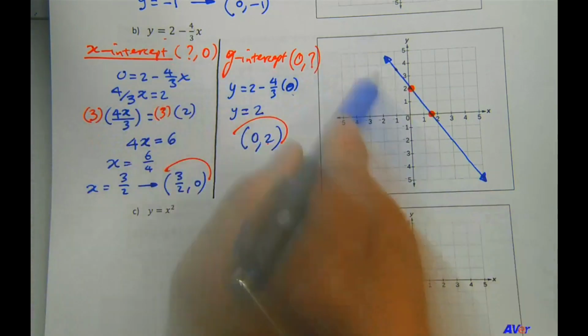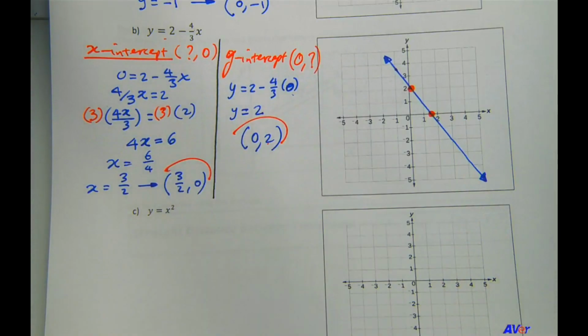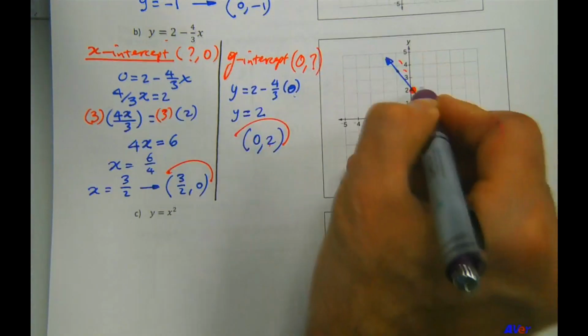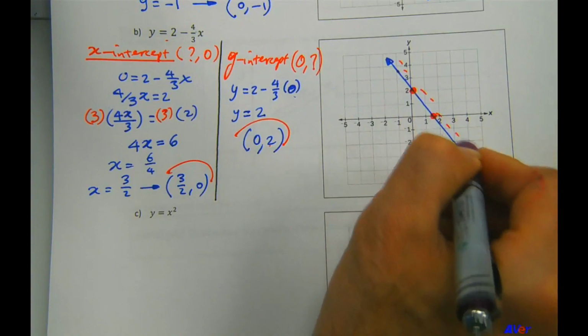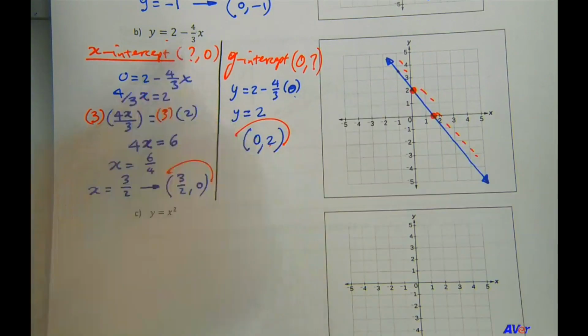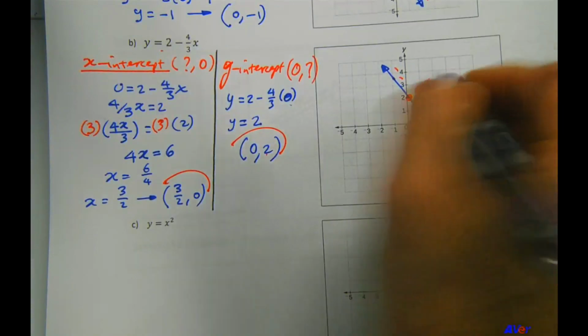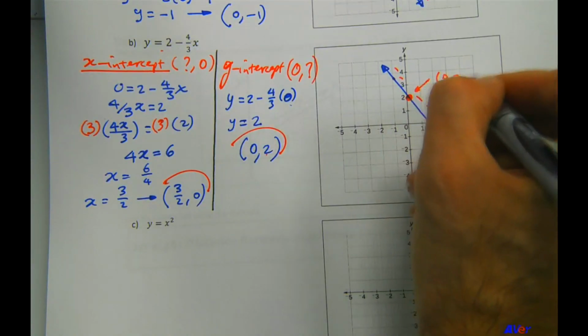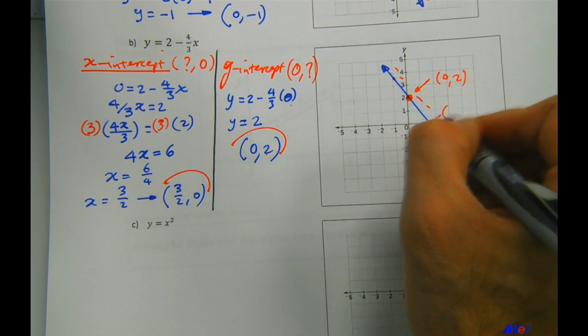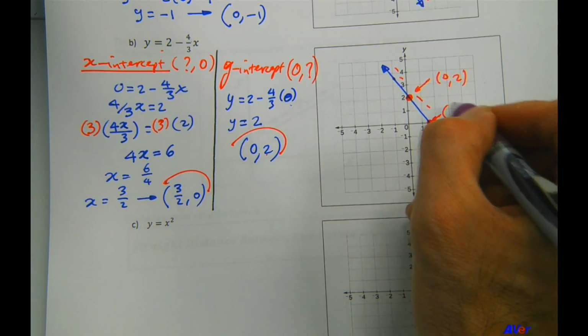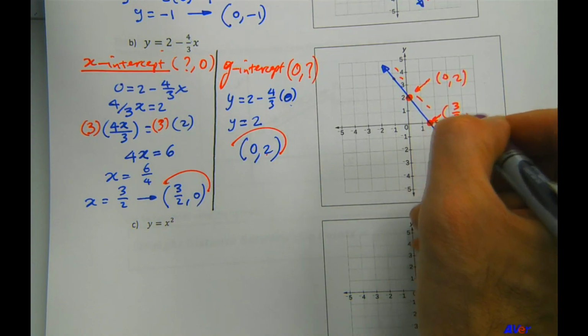So it's going down. So the slope of that line is negative, and it's equal to minus 4/3 right there. Okay, so it makes sense. If you like, we can label those intercepts as well. So the y-intercept is 0 comma 2, and the x-intercept is 3/2 comma 0.